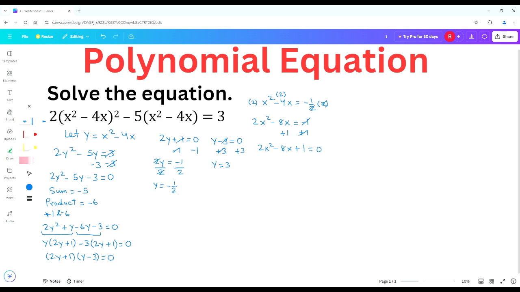For the first case, y equals negative half. We cannot factor this equation, so we have to use the quadratic formula to solve this equation. I'll write the quadratic formula.